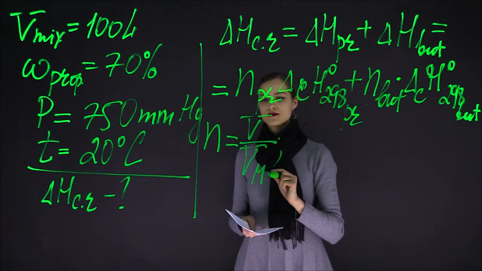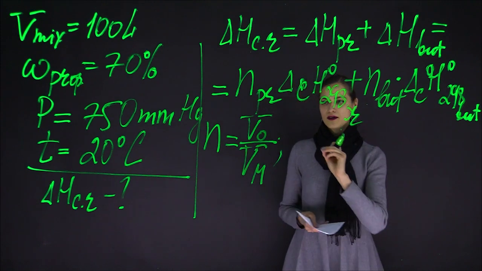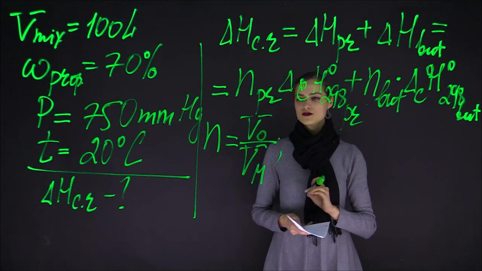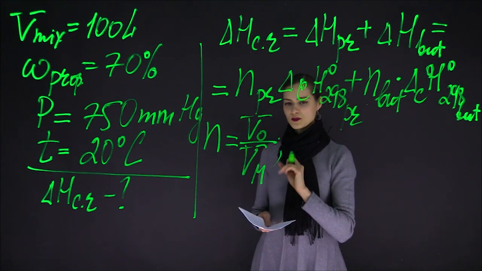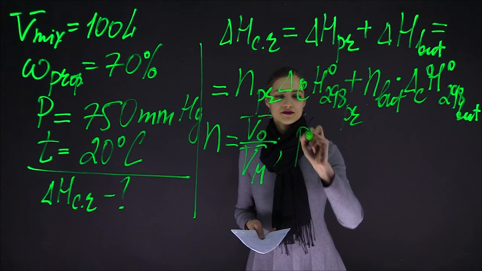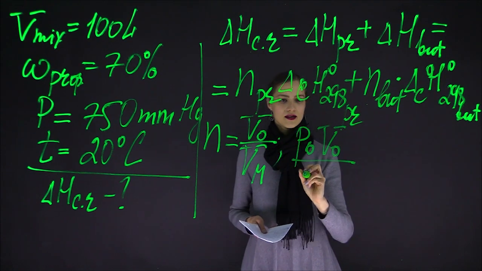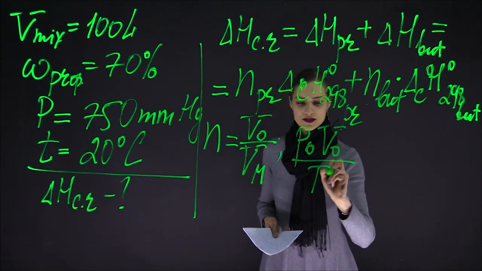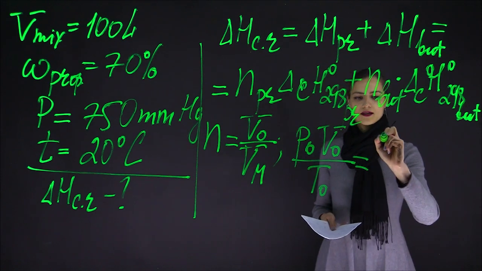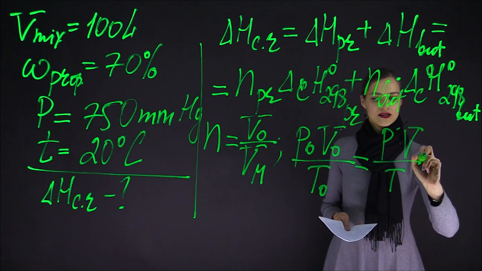But to calculate volume, it's better to write volume with index 0, because we need to calculate it in normal conditions. So, you remember the joint gas law: P0V0 over T0 is PV over T.